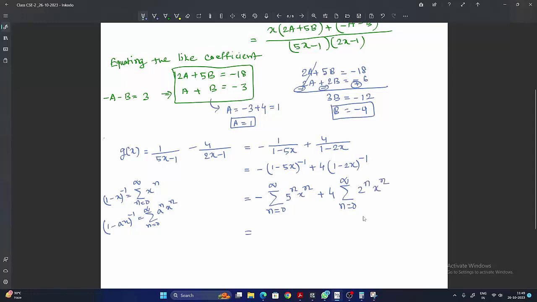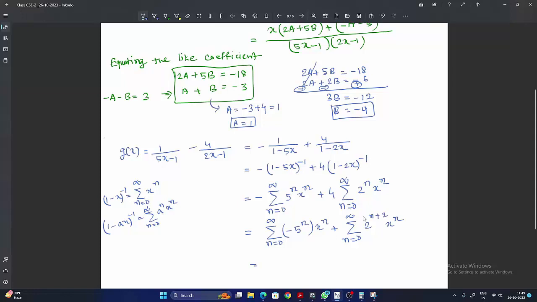Now you can take these two terms together, or you can take this minus also inside, so you will get the sum over n from 0 to infinity of minus 5 to the power n into x to the power n, and plus the sum over n from 0 to infinity, we are taking this 4 inside, so 4 means 2 to the power 2, so it will be 2 to the power n plus 2 into x to the power n.